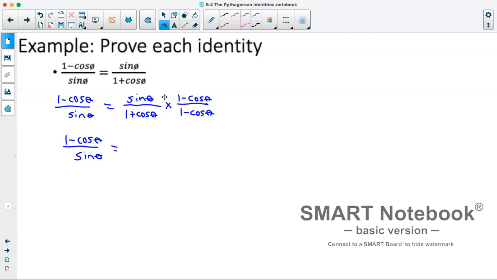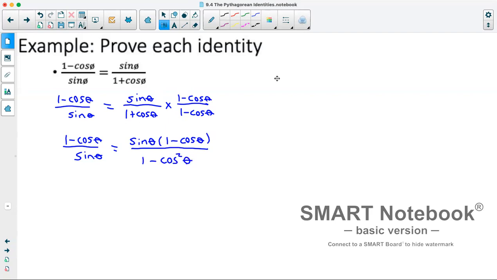Now, often when I do this, I won't bother multiplying out the numerator right away. If nothing cancels, then I will. But in the meantime, I will just leave this as is and FOIL out our denominator. If we multiply out that denominator, that's going to give us 1 minus cos squared theta.